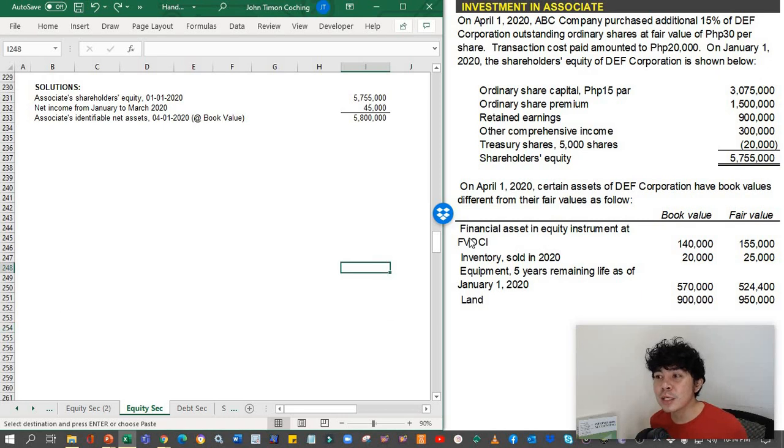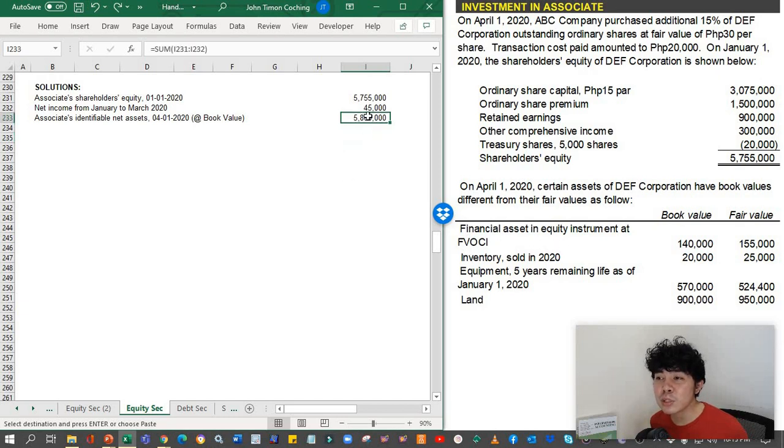So, gamit ito, mako-compute ngayon natin yung fair value ng identifiable net assets. So, mag-start tayo dito sa financial asset and equity instrument at fair value through other comprehensive income. So, etong FVOCI na to, naka-record siya at 140. Pero ang fair value niya on this date is 155,000 pesos. So, it means, nandito sa 5.8 million yung financial asset at fair value through other comprehensive income.